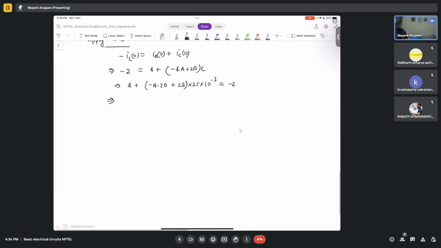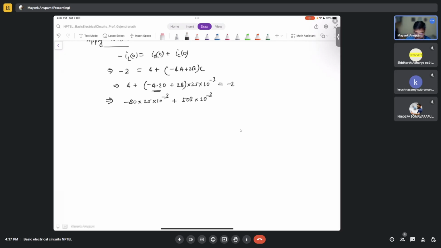So let's do this. This becomes minus 80 times 25 into 10 to the power minus 3 plus 2B times 25 into 10 to the power minus 3, which is 50B times 10 to the power minus 3, is equal to minus 6.